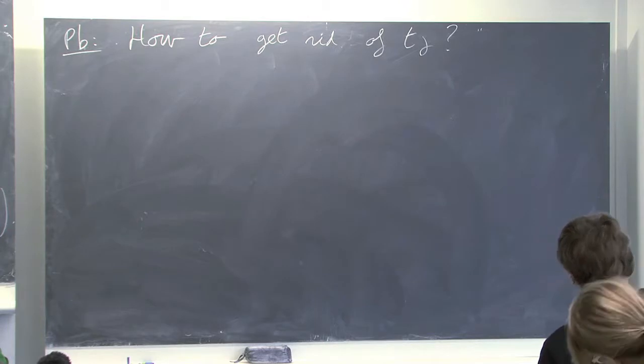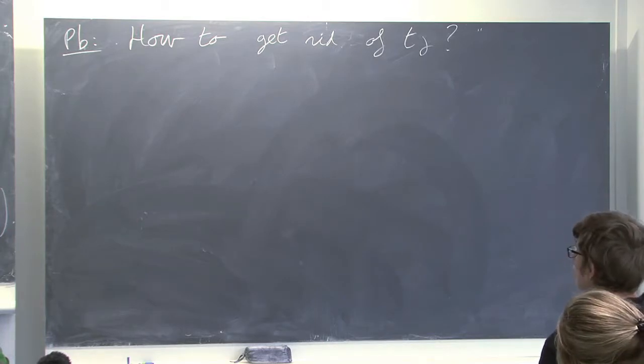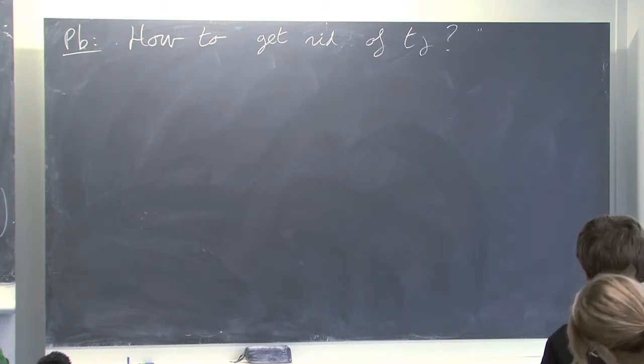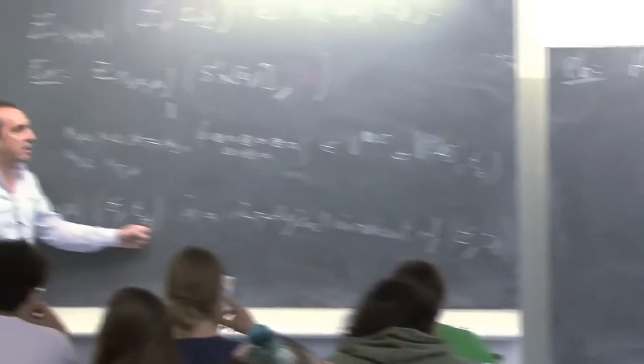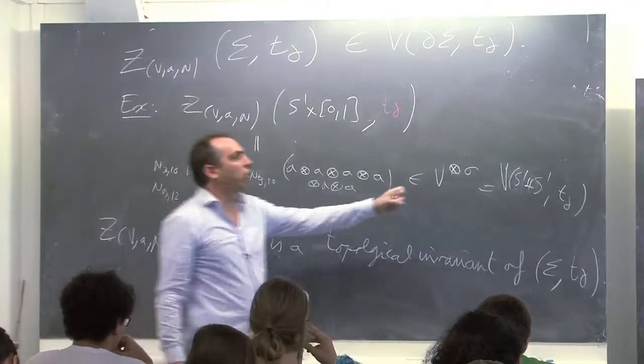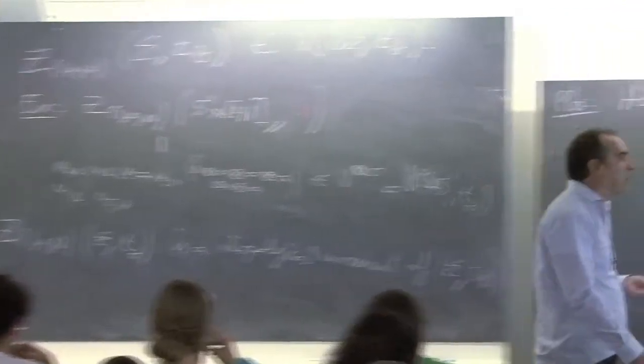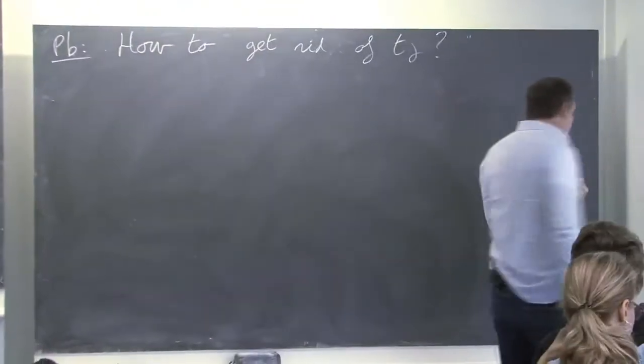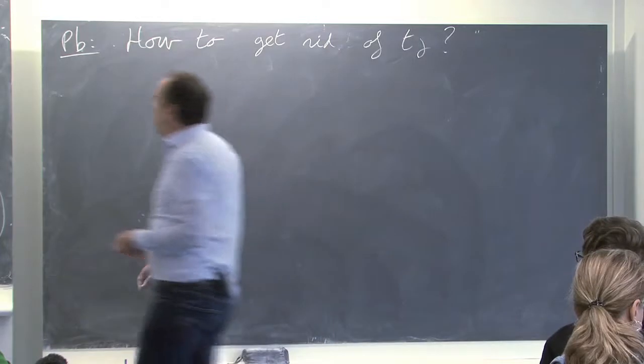We want to obtain something which is independent of the triangulation of the boundary. And of course, this vector does depend. It belongs to a vector space that depends on the triangulation. Okay, so we need the notion of a cobordism.